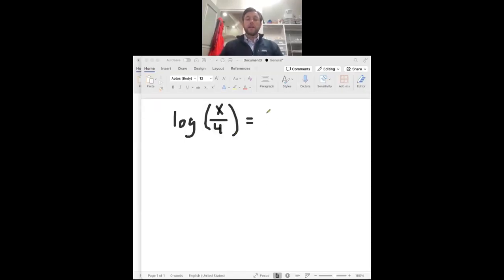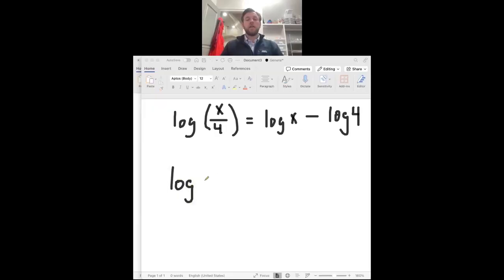You give the x and the 4 their own log expression, log of x and log of 4. And then because it was division, you put subtraction between them. Just like in the quotient rule of exponents, you subtract. The division becomes subtraction. So here it's the same sort of thing. The log of the fraction becomes log of the numerator and denominator with a subtraction in between.